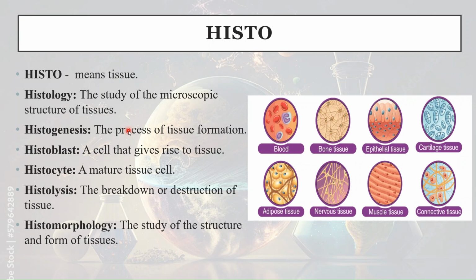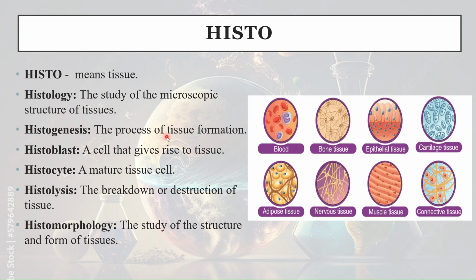The first example we are going to see is histology. Logy means study, and if you are studying the tissue and its structure, it is called histology. Another word, histogenesis. Gen means generator, genesis means a long process, histo means tissue.